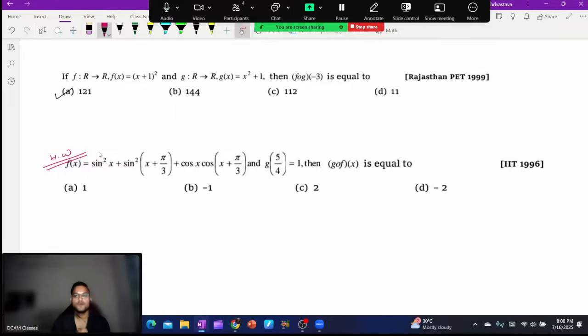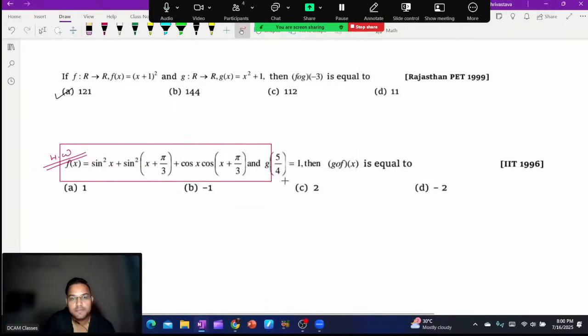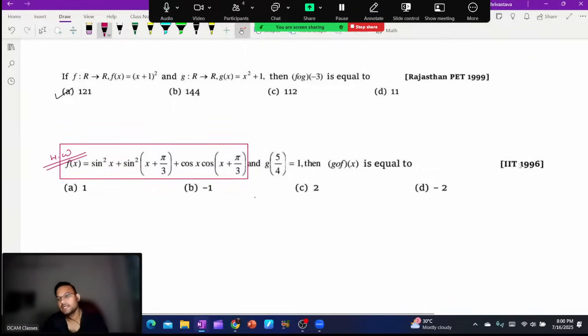Okay, okay. See what you have to do here, you have to simplify. See, telling everyone, you have to simplify this part. Trigonometry is involved. See, this is an IIT question. It has two concepts involved: trigonometry and your composite function.